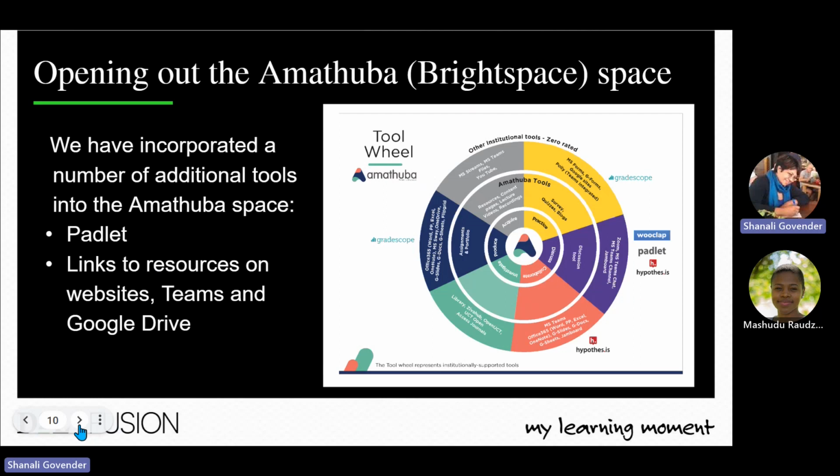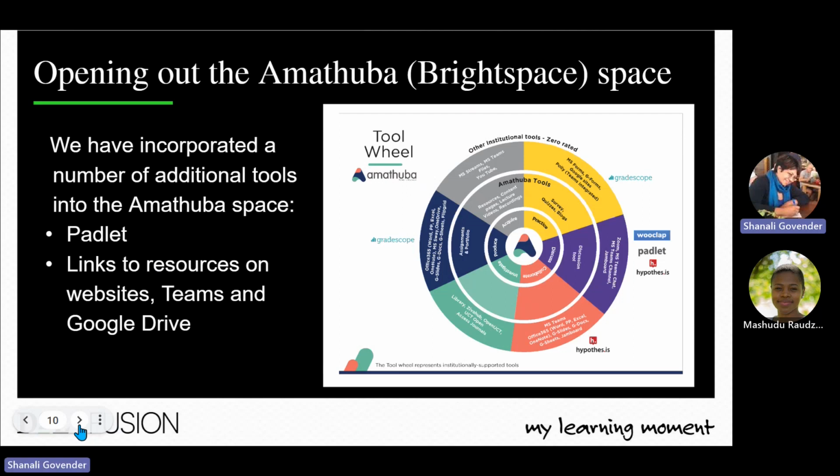In the outermost circle, you can see tools such as Gradescope and WooClap and Padlet and Hypothesis, which are third-party tools which are used and integrated into the Amathuba site for students, but which may change every few years depending on availability and demand.